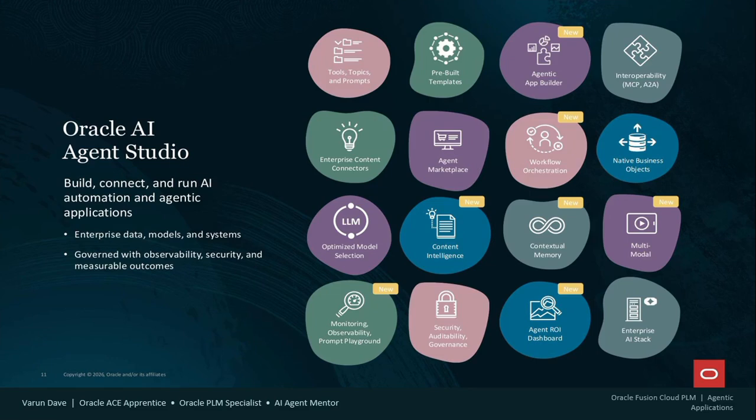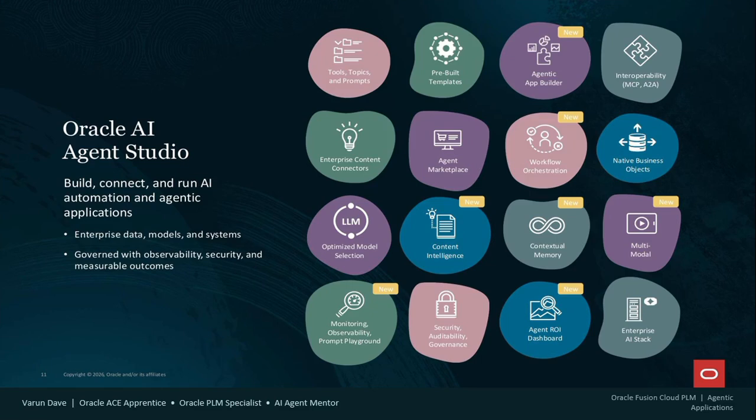Let me walk you through what's in here, because this is a substantial capability stack. At the foundation, we have tools, topics, and prompts, the building blocks for any AI agent. Pre-built templates to get started faster. The Agentic App Builder we just discussed. Then interoperability, including MCP and agent-to-agent protocols, which means these agents can work with third-party systems too.